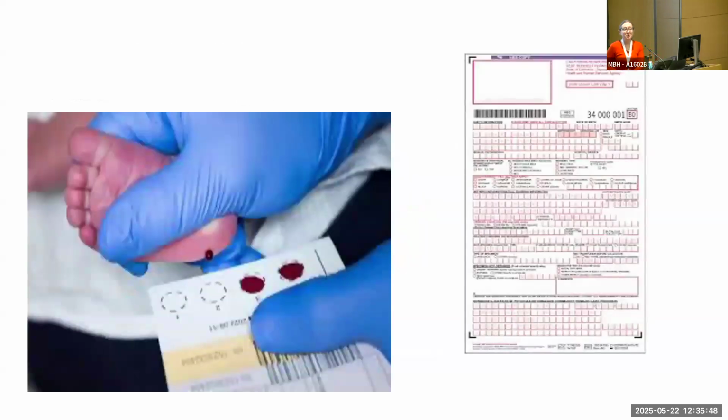And what our group had been doing for a long time is, as part of the newborn genetic screen, I mean, everybody here knows that for babies there's a heel stick at 24 hours of life. It's an opt-out procedure, the California newborn screen. Babies get tested for a variety of different genetic diseases in the first 24 hours of life.